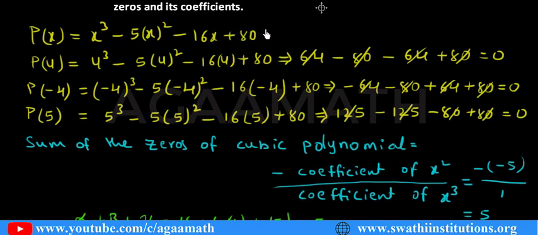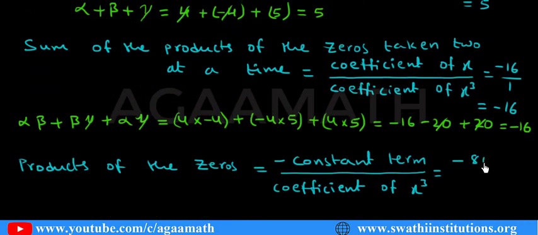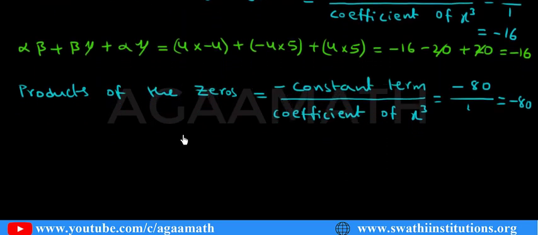80. Constant term is 80, right? So what I do is here, that is 80 by coefficient of x cube is nothing but 1, so that is minus 80. So now let us check with the zeros whether we get the product is equals to minus 80 or not, right? It means what? Alpha into beta into gamma, right?